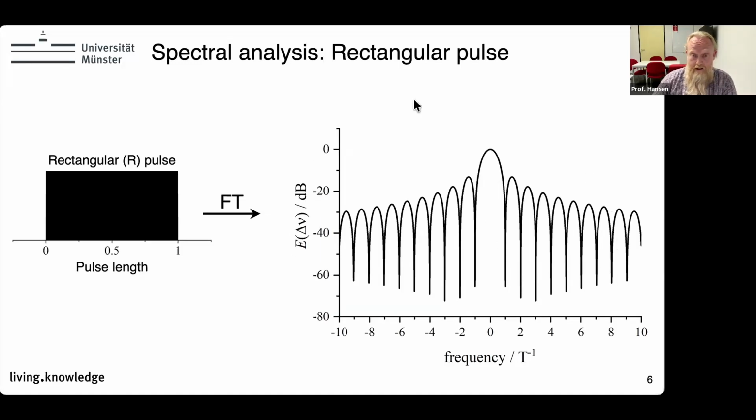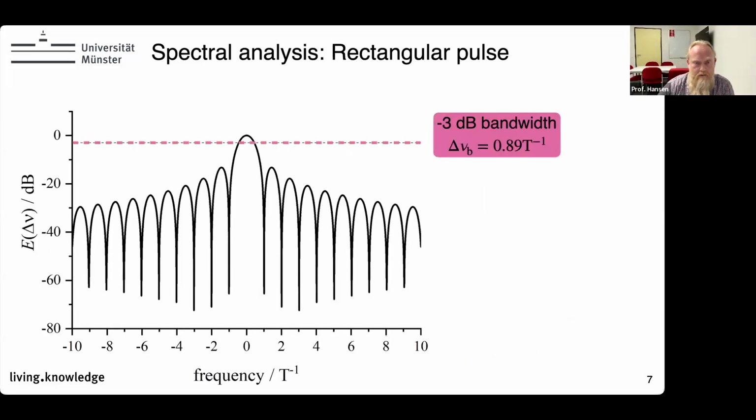This is very common in spectral analysis, where you have the frequency on this axis and the power of the pulse in dB. If you look at this, the bandwidth is defined at -3 dB, and the bandwidth of such a rectangular pulse is 0.9 divided by the length of the pulse. That gives you the frequency range that is within this frequency area here.